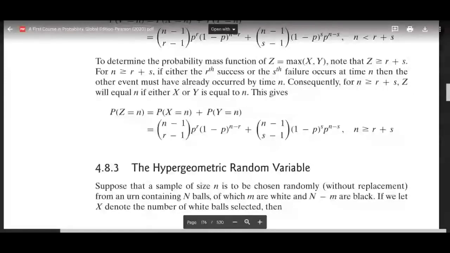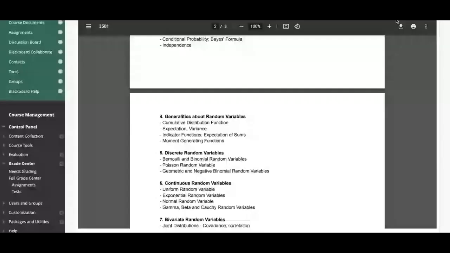I'm supposed to share the syllabus. Can you see the syllabus? Oh no. Oh, hold on. Someone's having some comments. Okay, I see. So we are done for chapter 4, right? I think so. Hold on.